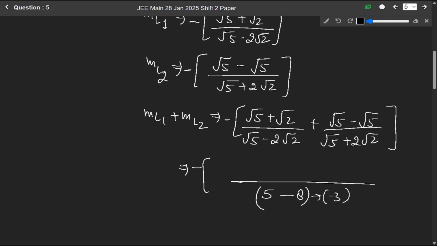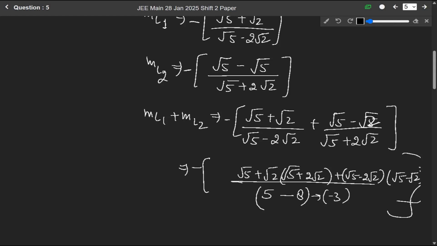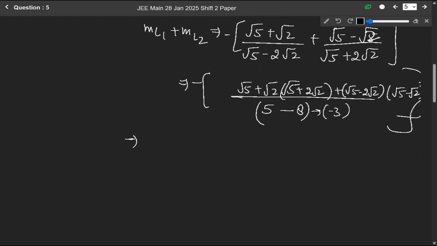Okay, so it will be (root 5 plus root 2) into (root 5 plus 2 root 2) and plus (root 5 minus 2 root 2) into root 5, this will be root 2 minus of root 2. Okay, so when we solve it, we get minus of, this will be minus of root 5.